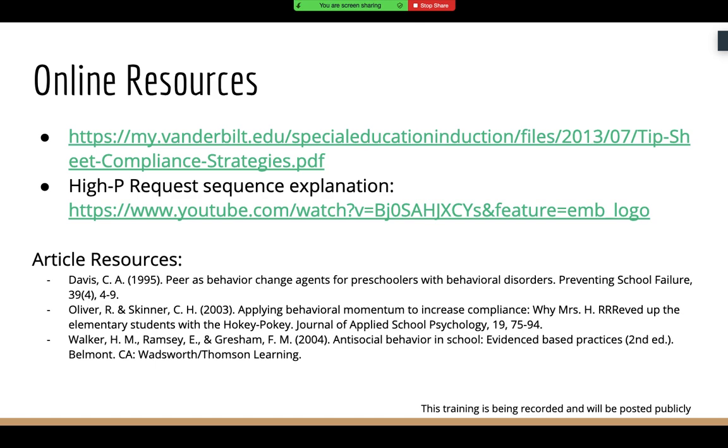So I told you I had a lot of articles that I looked at this week to help talk about these different types of procedures. And one of the links here, the top one, actually has a really well broken down fact sheet about different types of direction following procedures.